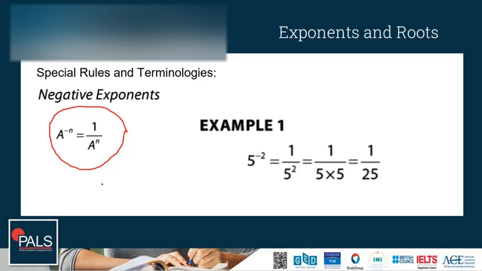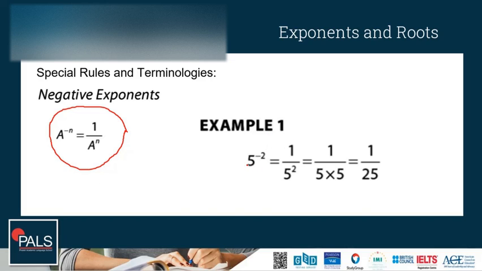If a number has a negative exponent, you should make the exponent positive by looking for the reciprocal. So the reciprocal of a with an exponent of negative n is equal to 1 over a to the nth power. Okay, let's look at the example.